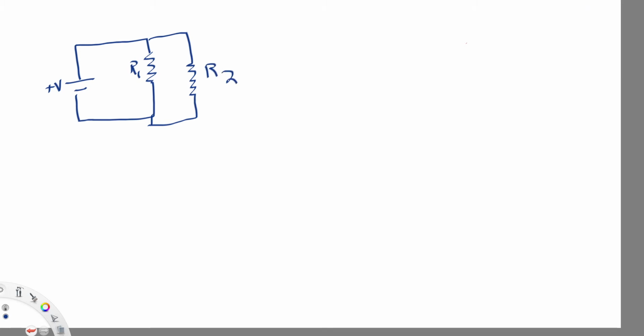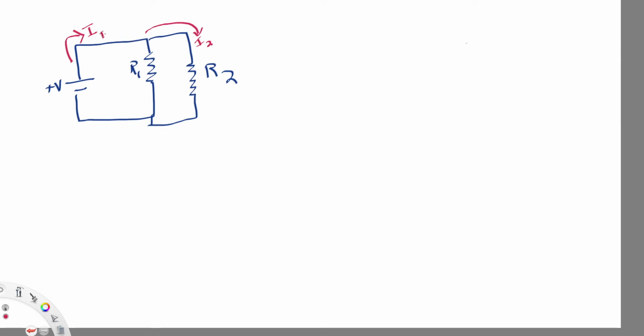So this is what a parallel circuit would look like. And remember, a parallel circuit is one where the electric current has a choice of what path to follow. So if we've got current coming out like this, call this I1, some of that current is going to go over that way.